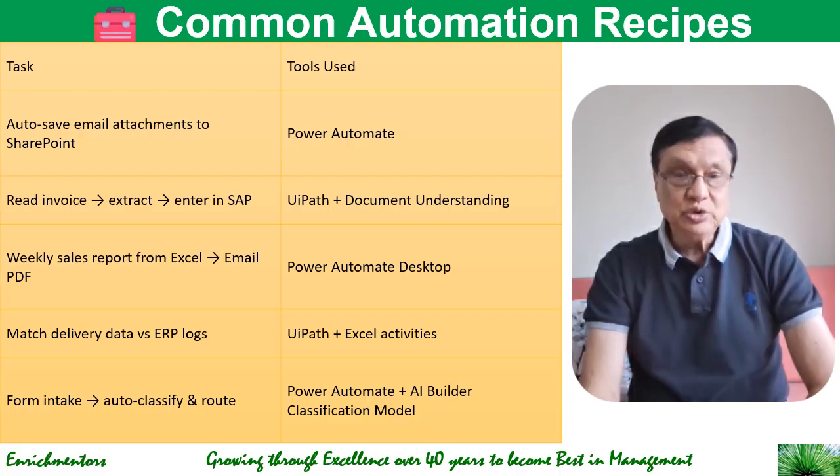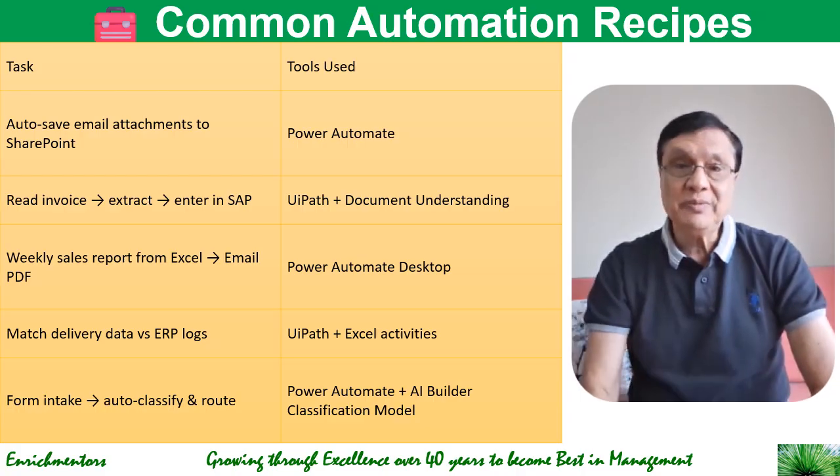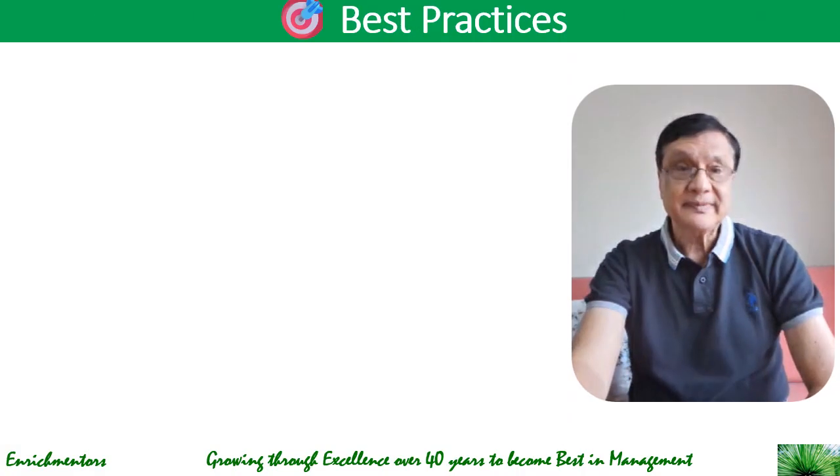You could match delivery data versus ERP logs using UiPath plus Excel activities. You could do a form intake to auto classify and route, and there again you need to use Power Automate plus an AI Builder classification model. These are some common automation recipes.